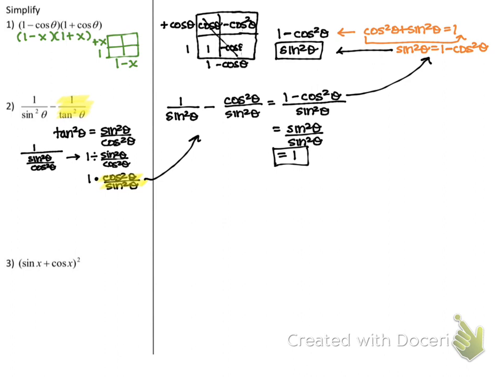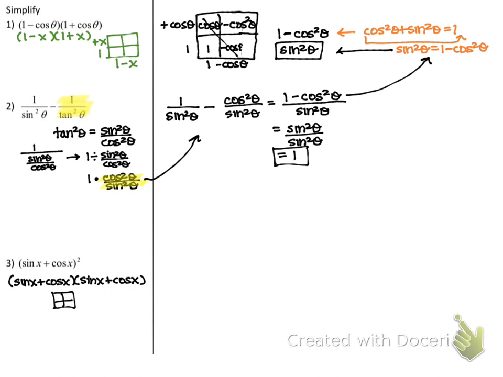That is the answer. Okay, we have sine x plus cosine x squared. Just a reminder, squared means times itself. This is sine x plus cosine x times sine x plus cosine x. Draw boxes, multiply it out. This is the way you have to do it.